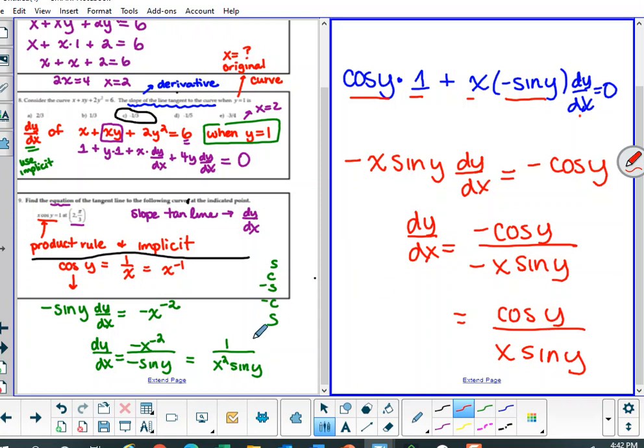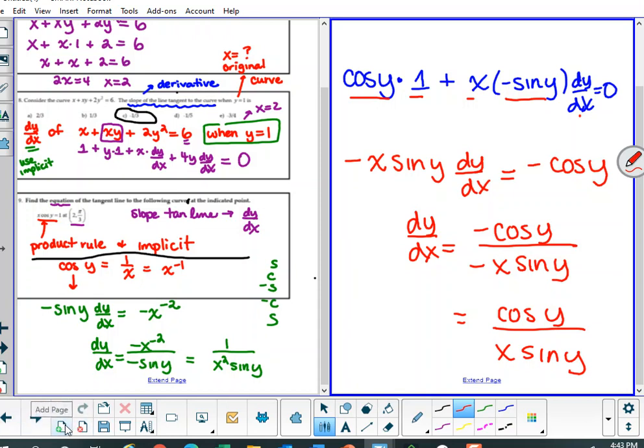Now, what I'm interested in is, are those really equivalent to each other? Bet they are. Let's look. Remember, this would just be our slope.